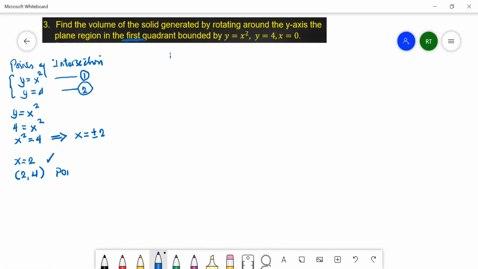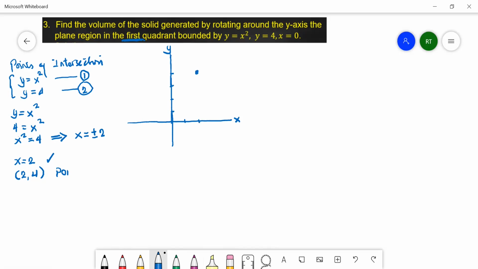Let us draw the region R, and let us consider the y-axis and the x-axis. Let this be the x-axis. Now, when y is equal to 4, x is equal to 2.